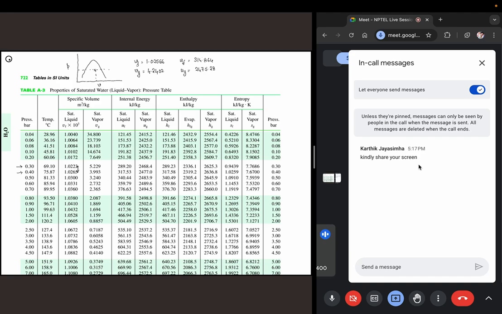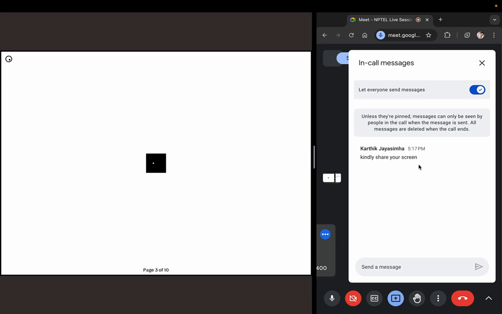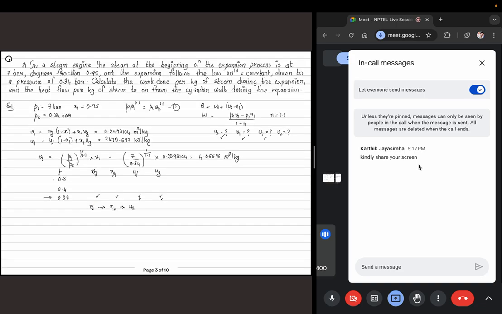With these values, you just populate the values here. So I calculate the values of Vf, Vg here, and I'll just copy paste the values.